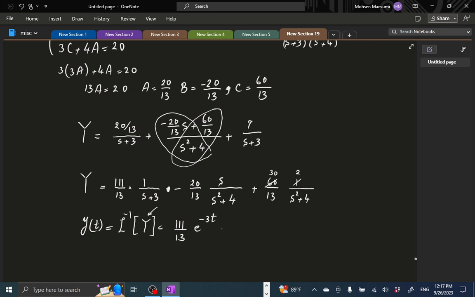This one is minus 20 over 13 cosine of 2t, and this is 30 over 13 sine of 2t. That becomes the answer to our problem.